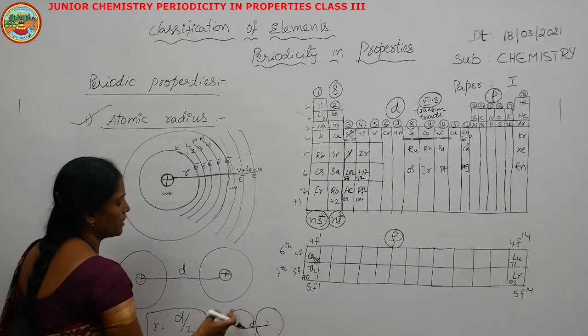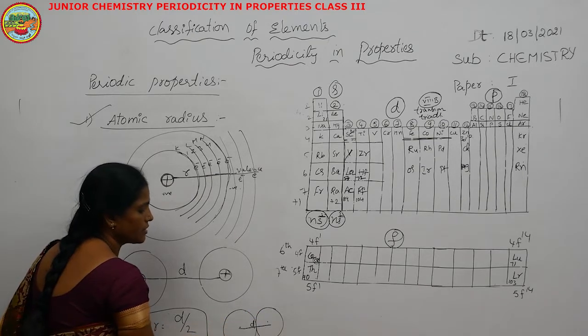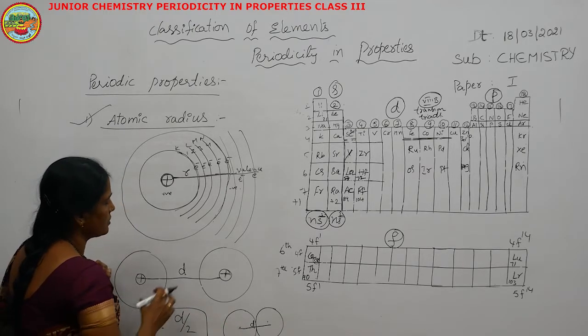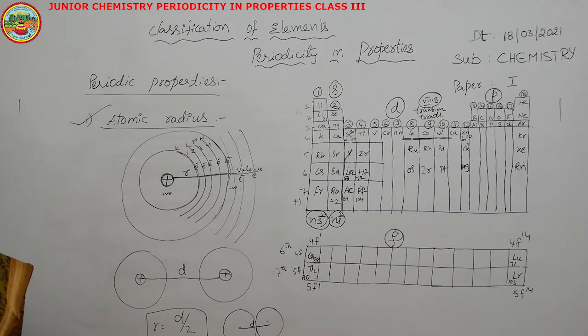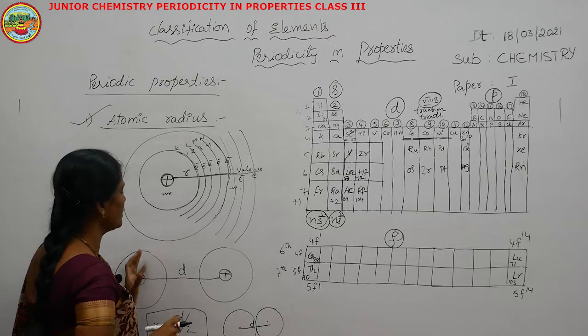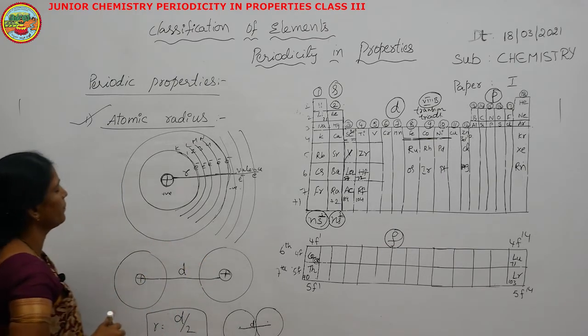If these two atoms are held together by weak van der Waals forces, then this radius is called the van der Waals radius. So atomic radius is defined as half of the distance between two adjacent metal atoms.